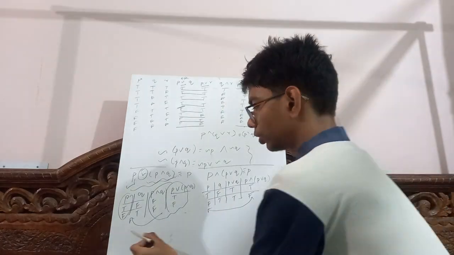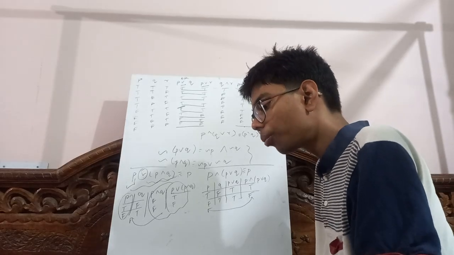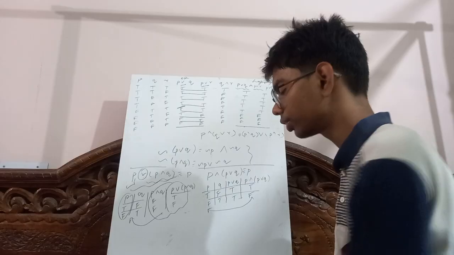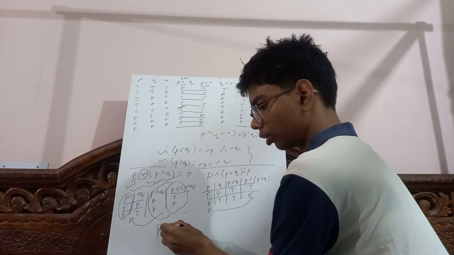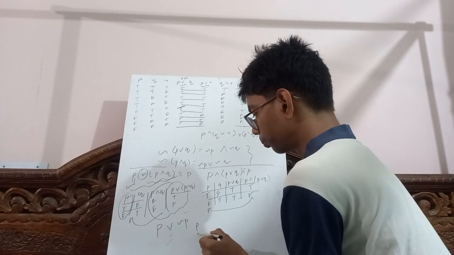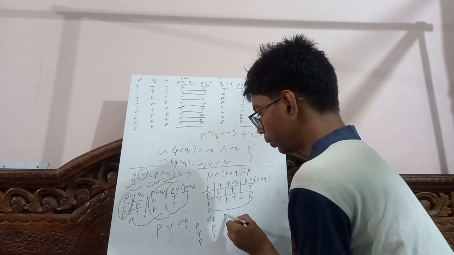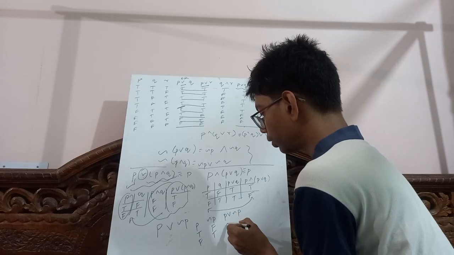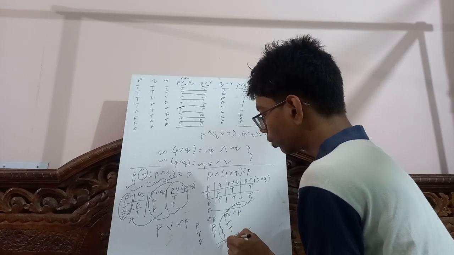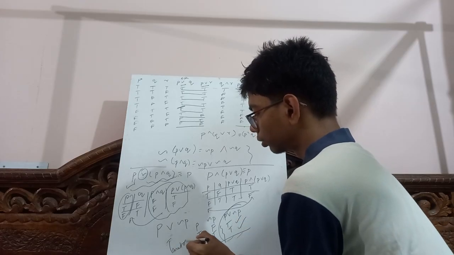And tautology. What is tautology? A compound proposition that is always true no matter what truth values the propositional variables that occur in it have. So P or negation of P, this is always true. I get both columns always true, and this is a tautology.